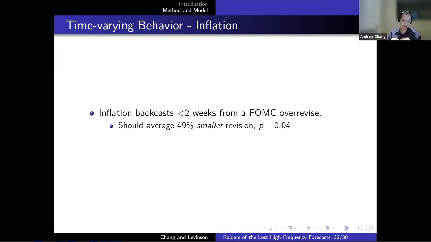For inflation, we actually find the exact opposite. Before I said that on average, the inflation forecasts tend to over-revise. What we actually find is that inefficiency is concentrated in those projections that are made close to the meeting. So there's potentially something about the inflation forecast getting too much scrutiny when the interest rates are about to be set.